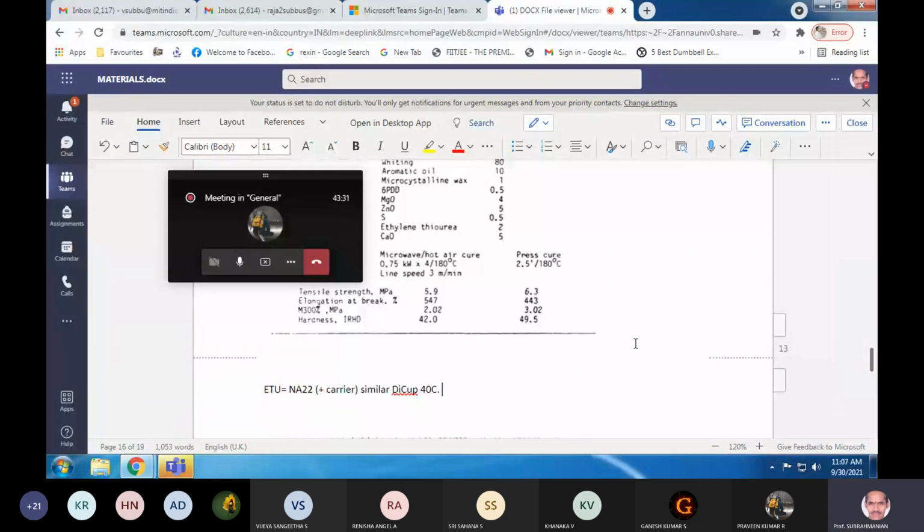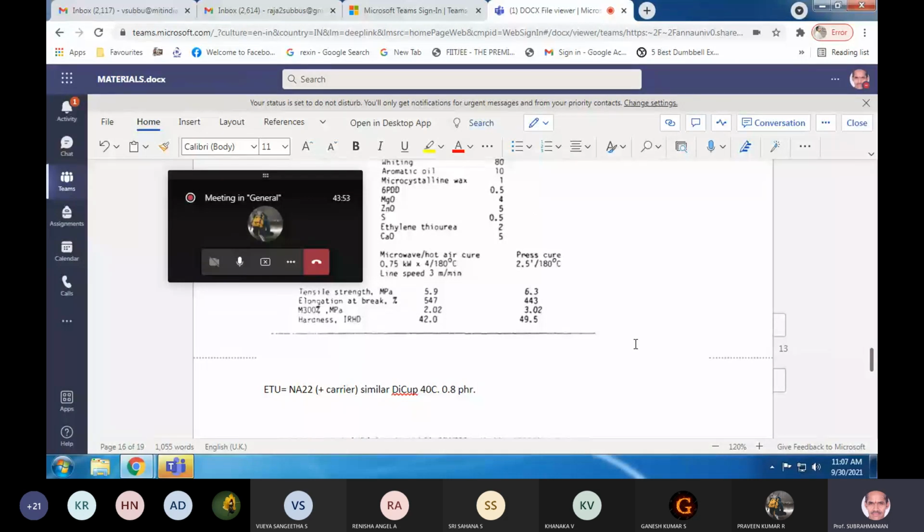The remaining is formed by the China clay or calcium carbonate. That is to make it easily dispersible. Same way, this Na22, 0.8 parts. Here, I have used 2 parts.